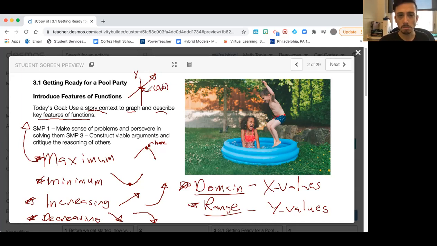Not to be confused with the x-axis and the x-intercept, where if our x-axis looked like this, this would be considered our x-intercept, whereas up here in maroon, this was our y-intercept.